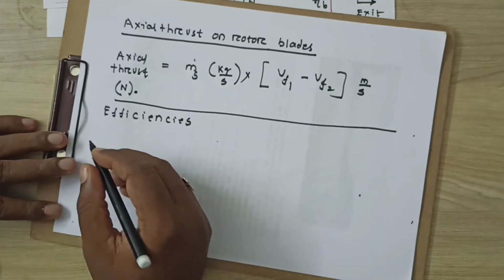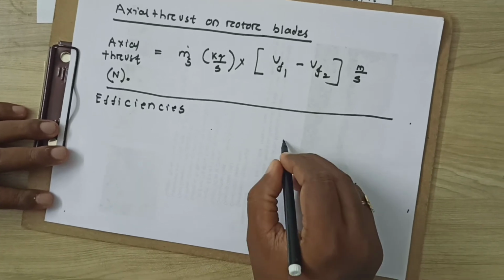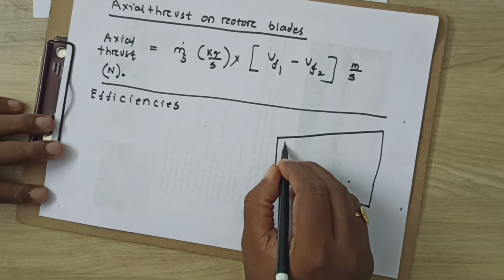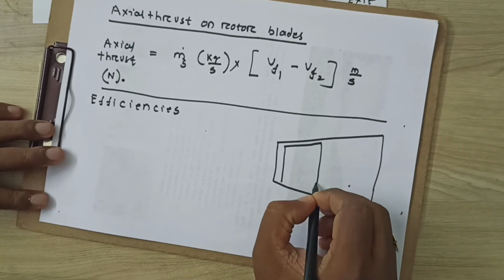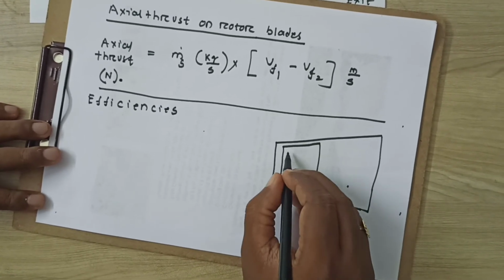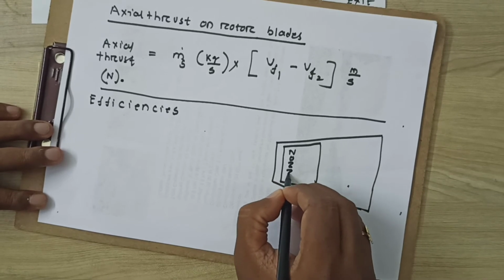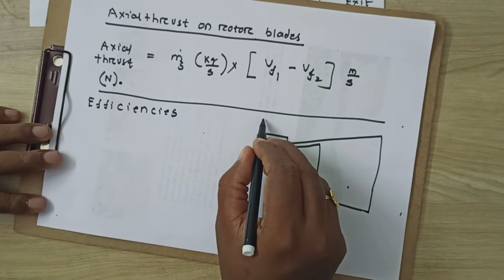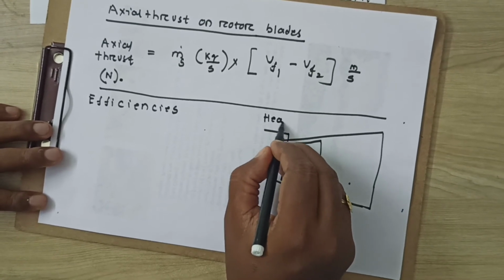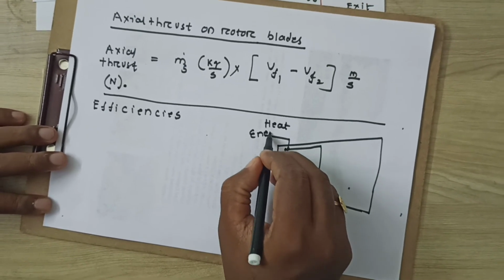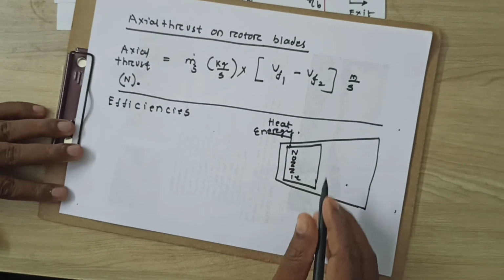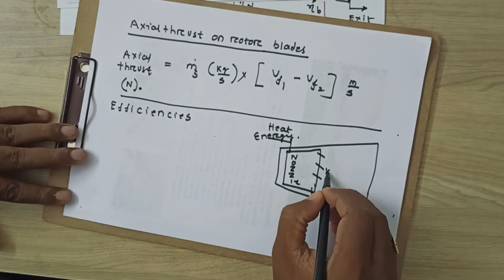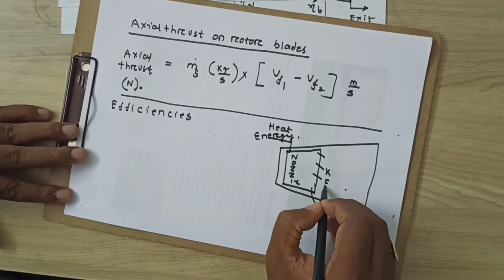The first efficiency, you must remember that portion I have told you. This is the nozzle. Here heat energy is being supplied, and here we have extracted, or at these points this is the kinetic energy.